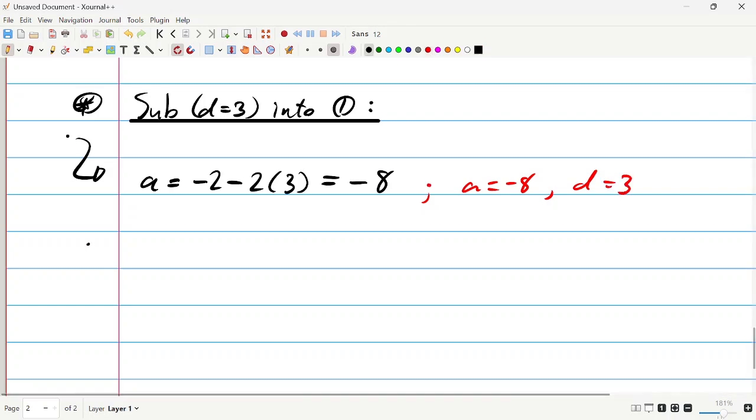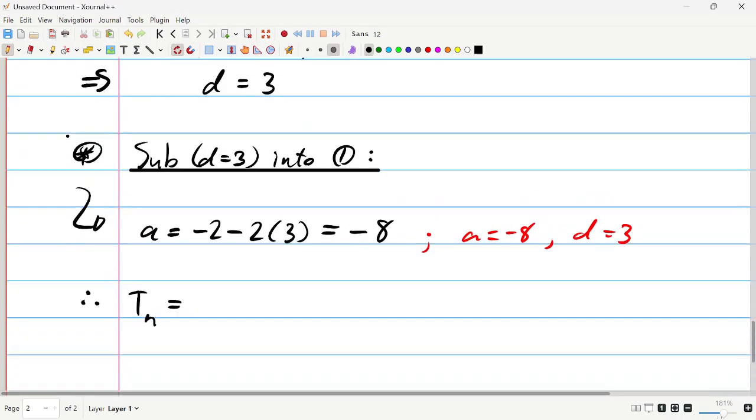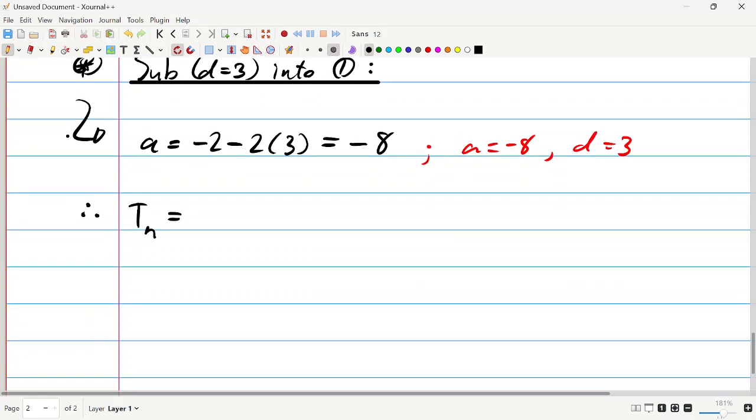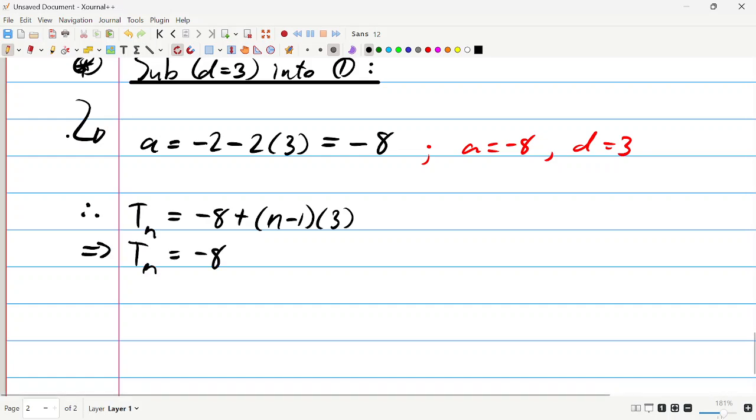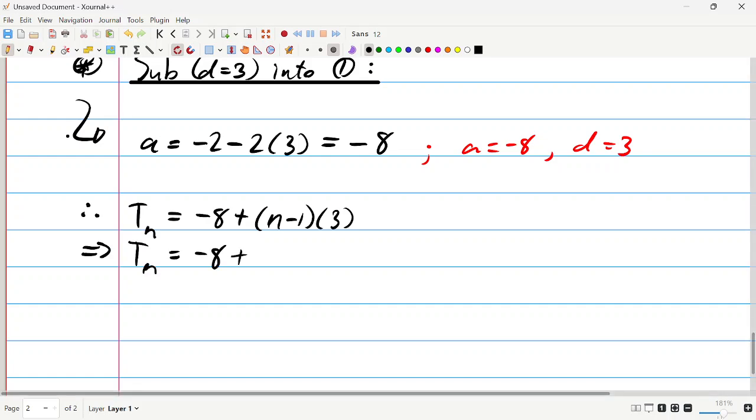So this implies now that A is equal to negative 8 and D is equal to 3. So therefore, the Tn for this whole sequence that we have is just going to be A, which is negative 8, plus n minus 1 into 3. And if you want to simplify it further, you can say Tn is equal to negative 8 plus 3 multiplied into the whole bracket.